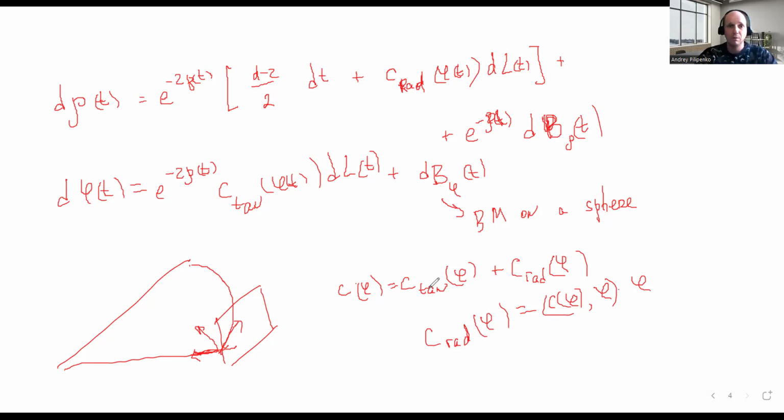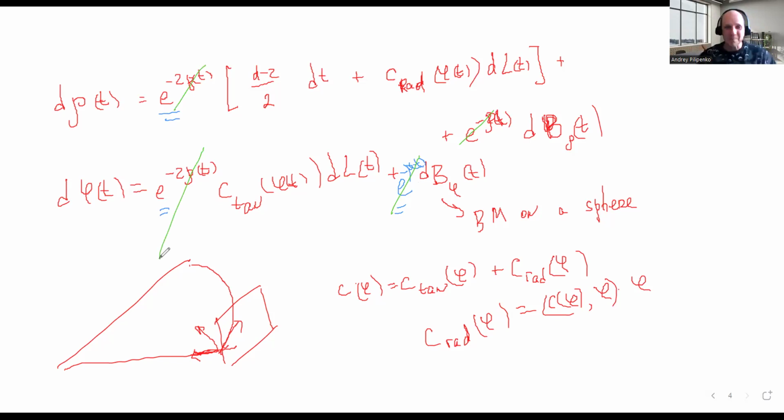Excuse me, I made a small typo: it should be minus rho of t here. And you see this term, if we delete them, let me just cancel them for a while.